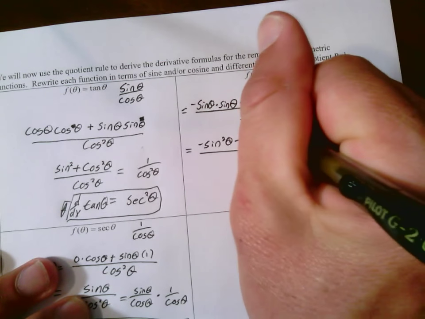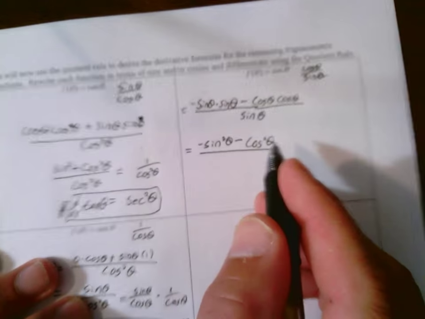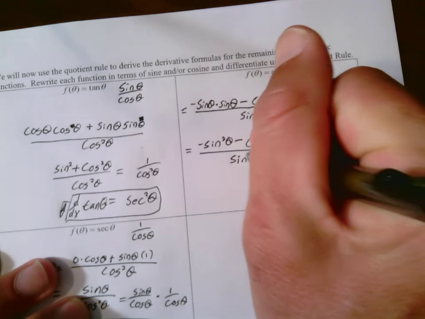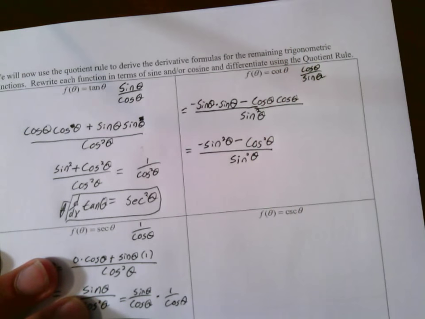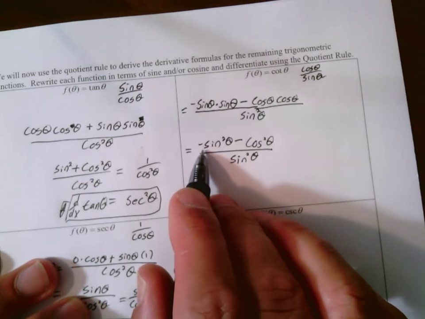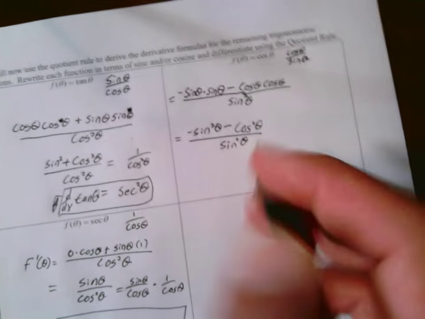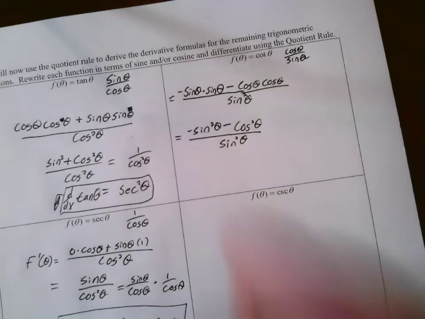So these are going to look very similar next to each other. This is negative sine squared minus cosine squared, so it's -1 based on the Pythagorean identity.